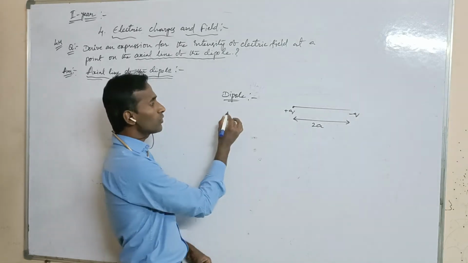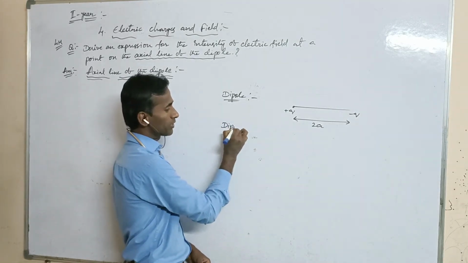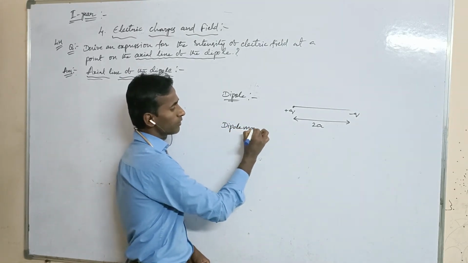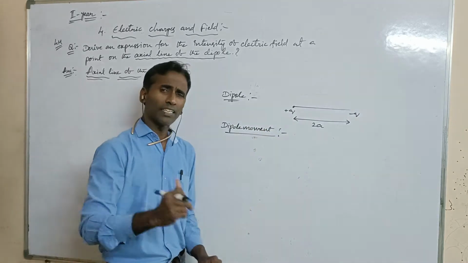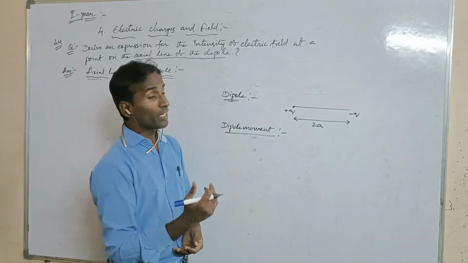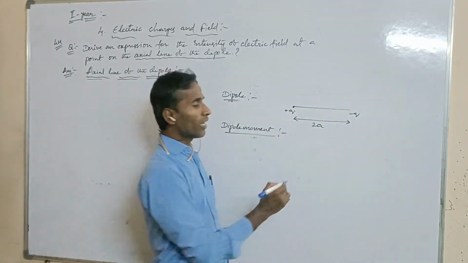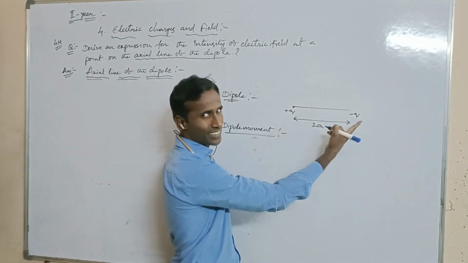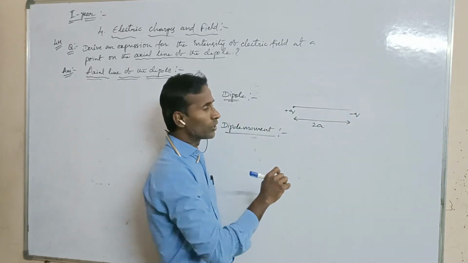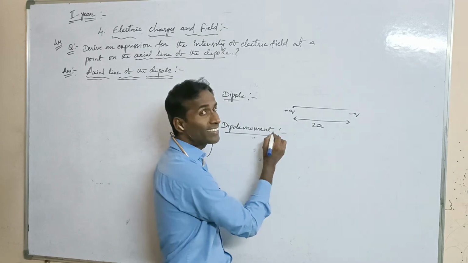Another question is the dipole moment. So what is the dipole moment? It is defined as the product of the magnitude of either charge and the distance between them.